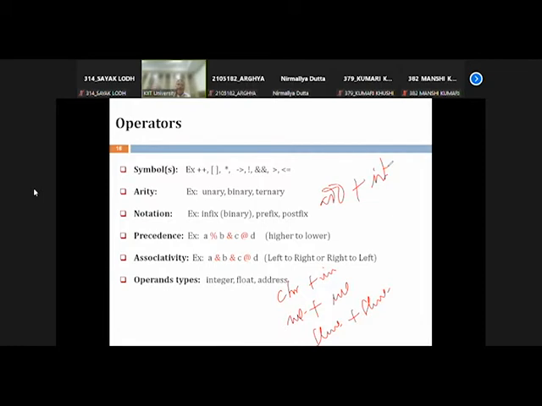It takes all types. Multiplication: can I apply address times an integer? No. So for every operator, even if it is binary, you need to understand what types of operands it accepts.